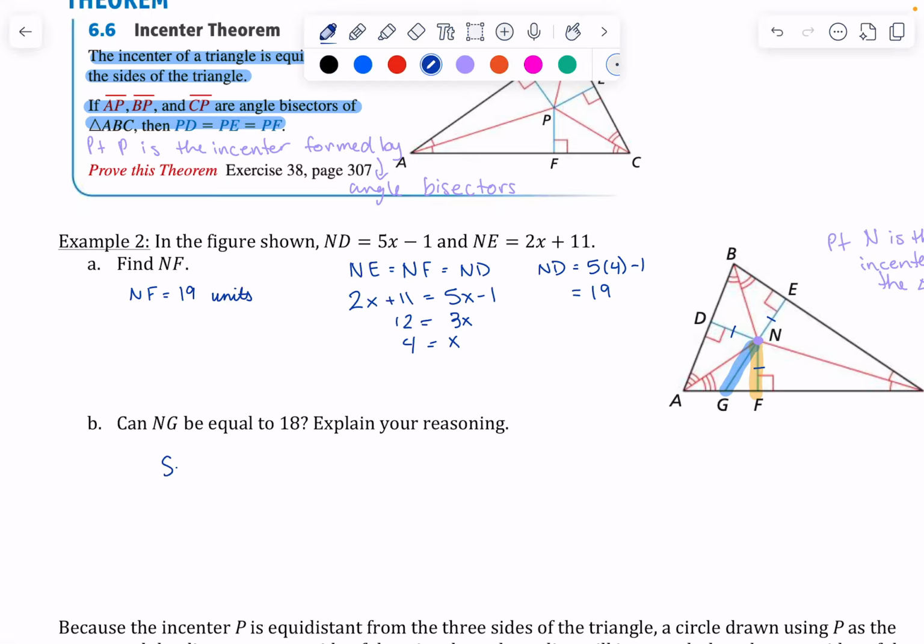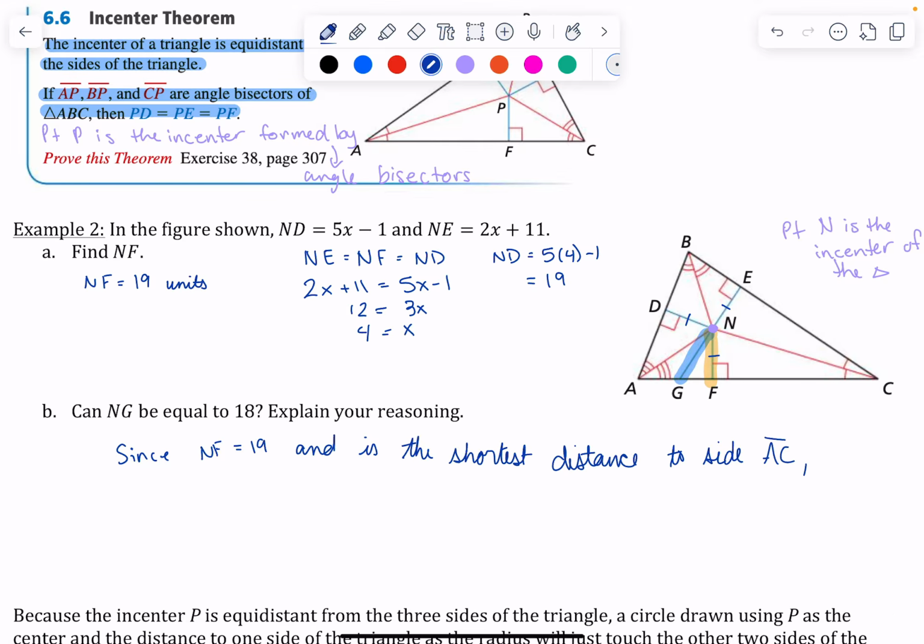Okay, so since NF equals 19 and is the shortest distance to side AC, NG cannot equal 18 because it's less than 19.